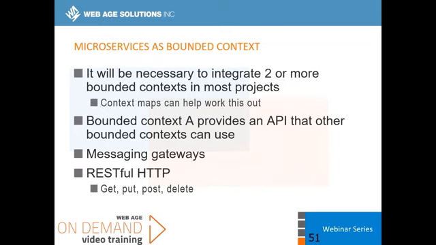But there are other messaging and messaging gateway kinds of things that we can employ. And so microservices map one-to-one with bounded context, and the APIs are well informed by the kinds of mapping that we've already done between the bounded contexts.